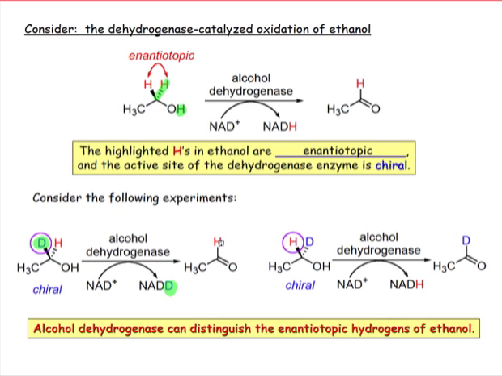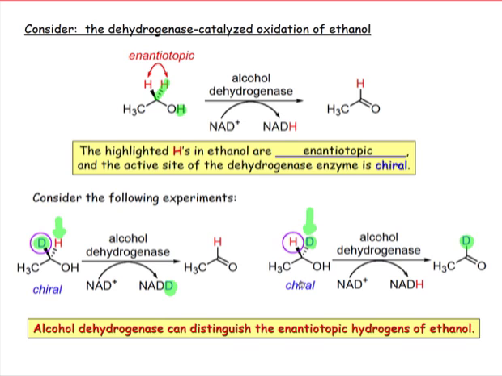On the other hand, if we replace the other enantiotopic hydrogen with deuterium, run the reaction again using alcohol dehydrogenase, we see that deuterium is selectively incorporated into the product. So the proton or deuterium that's in the back is always the one that's retained in the product.